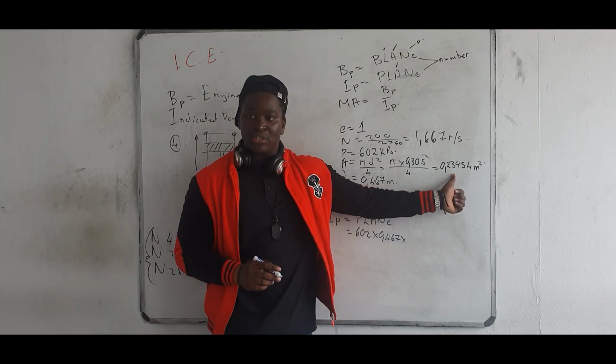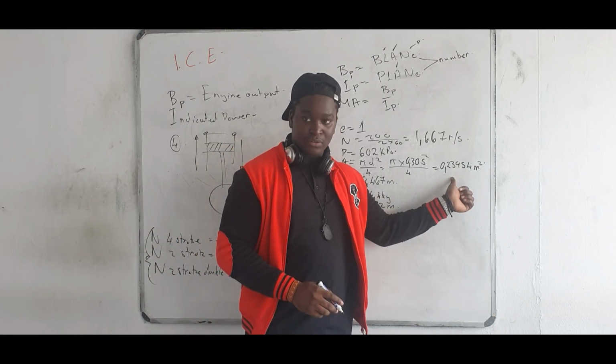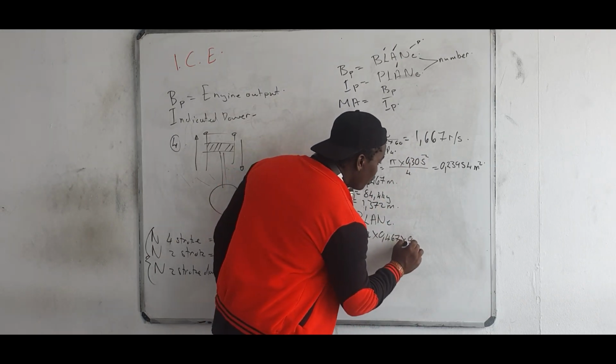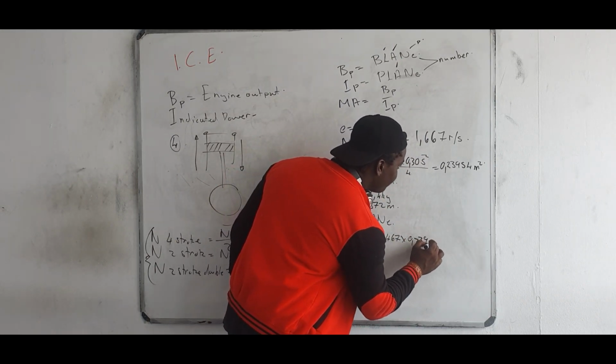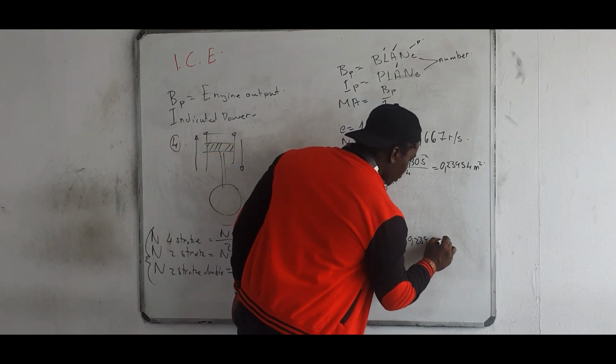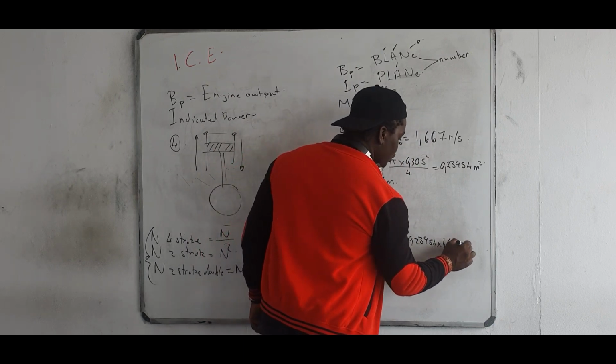Now, if you still have this saved in your calculator's memory, just click answer so that your answer can be as close to the correct one as possible. 0,23954 multiplied by the rotational frequency, 1,667, multiplied by the number of cylinders, which is 1.